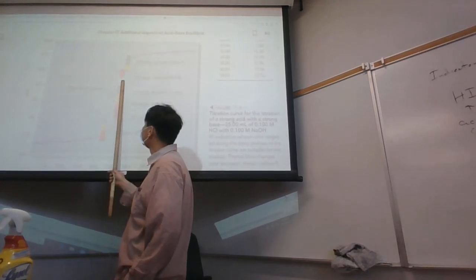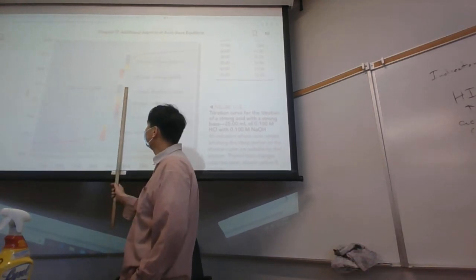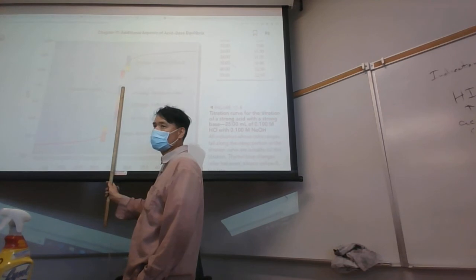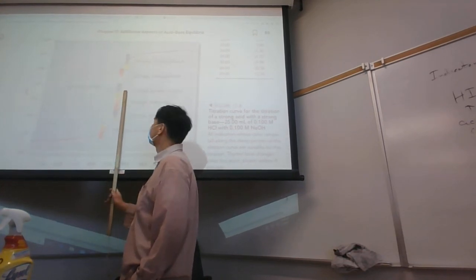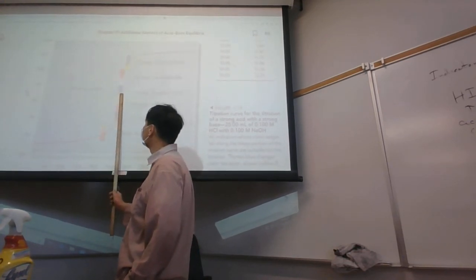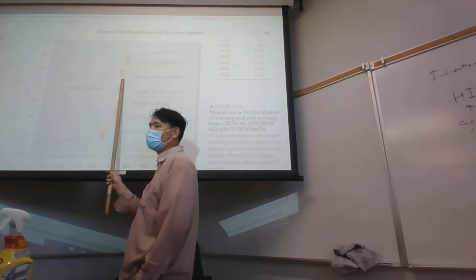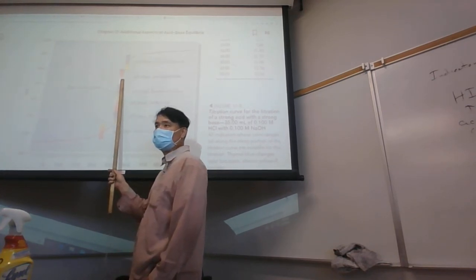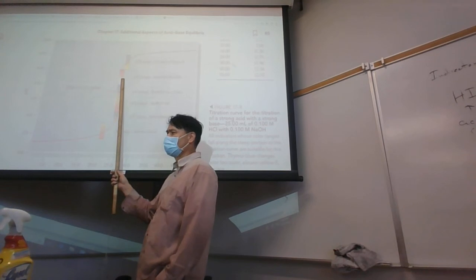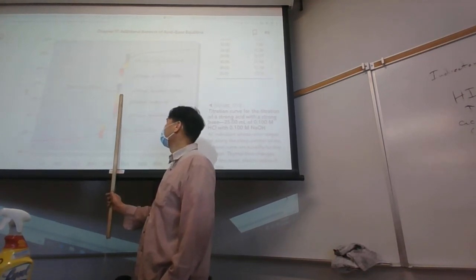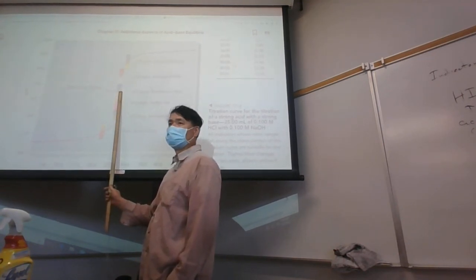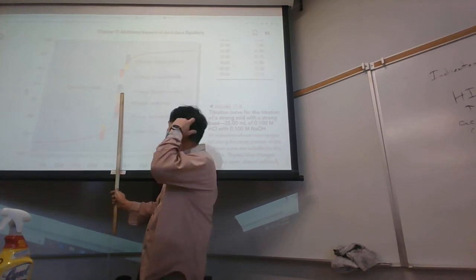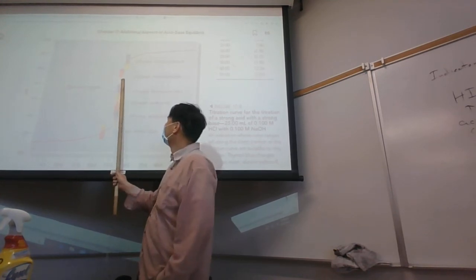That's a huge error in terms of pH, but is that a huge error in terms of volume of titrant? This is practically vertical, so the difference between here and here is maybe 0.01 or 0.001 milliliters. Not even a drop. Not even half a drop. And so the error is minimal.